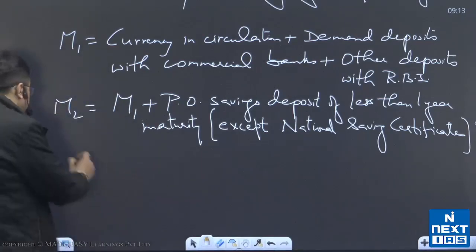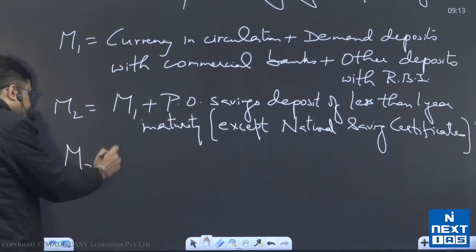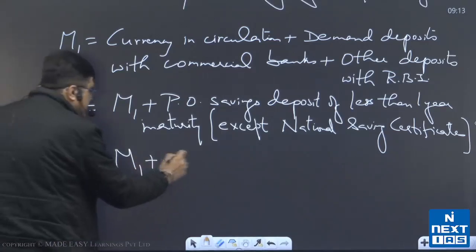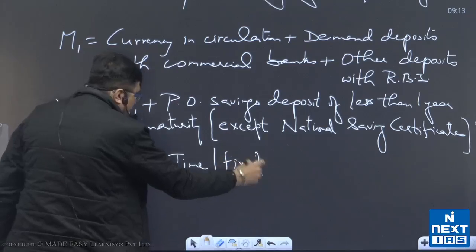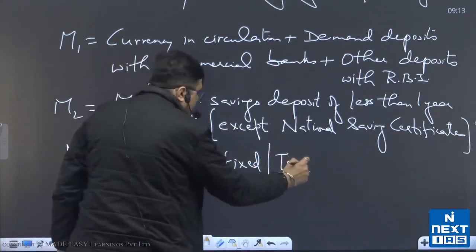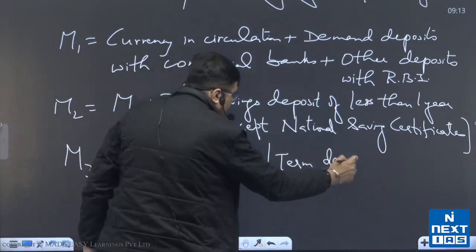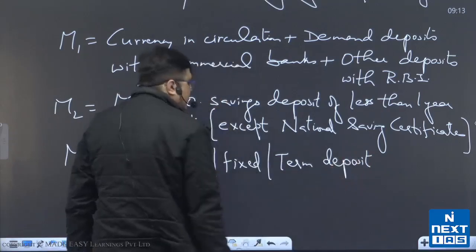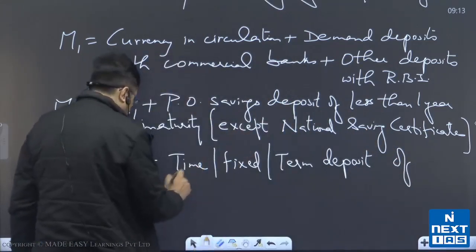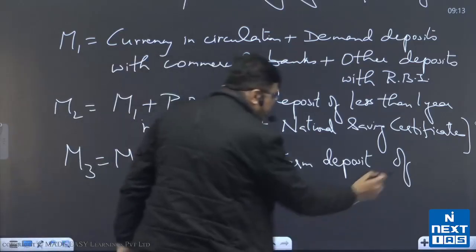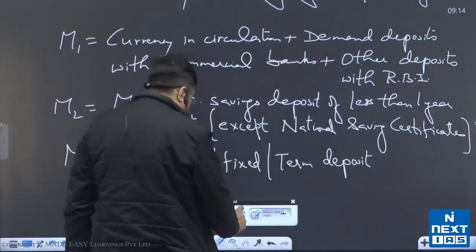Then there is a measure called M3. This is M1 plus time, fixed or term deposit with commercial banks.